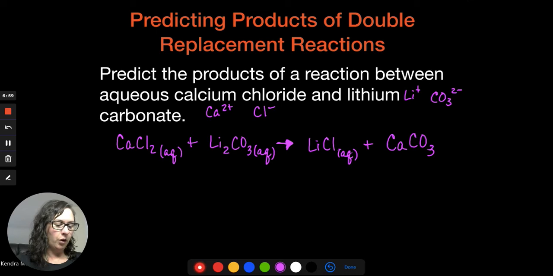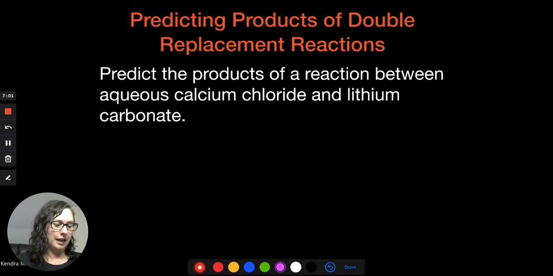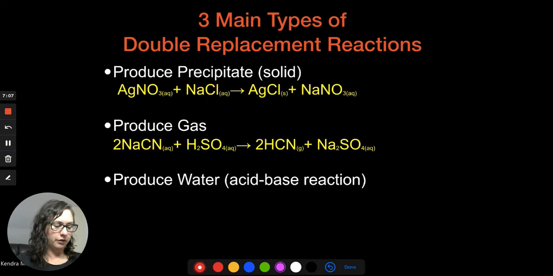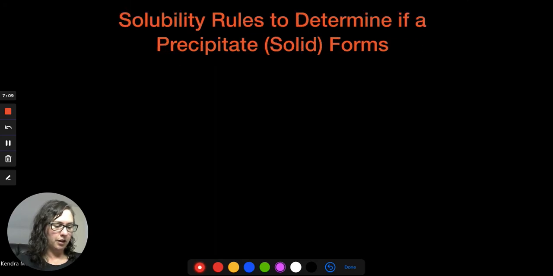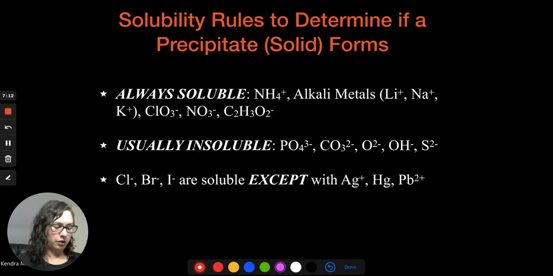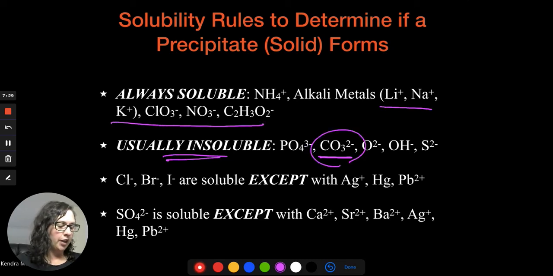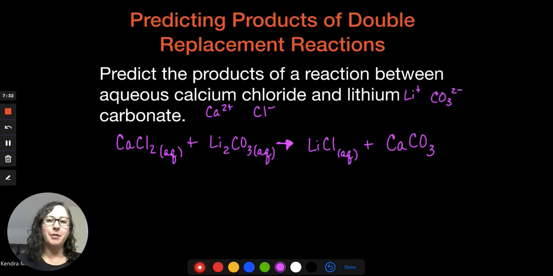If we go back to the previous slide and look at those solubility rules, we see that carbonate is usually insoluble. Unless it is with one of these, it's going to be insoluble. And since calcium is not an alkali metal, we know that this has to be our solid.